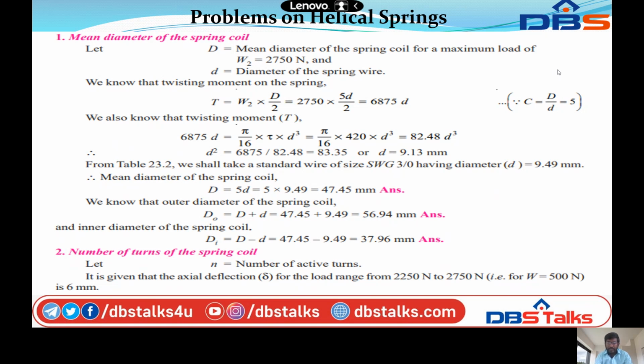So the mean diameter of the spring coil, capital D, is equal to 5d. Substituting the d value, 5 into 9.49, that is equal to 47.45 mm.